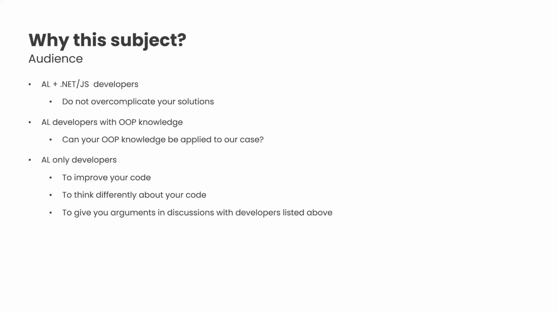The question is, can your object-oriented programming knowledge be applied to our cases, to the things that we're doing in AL, or maybe this approach that you know from OOP should be slightly changed.